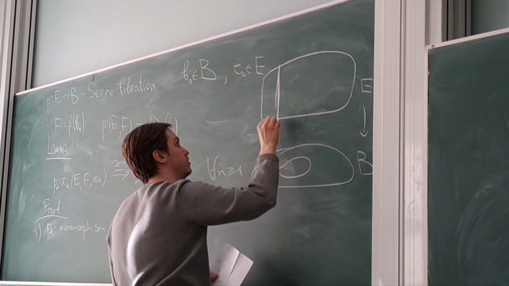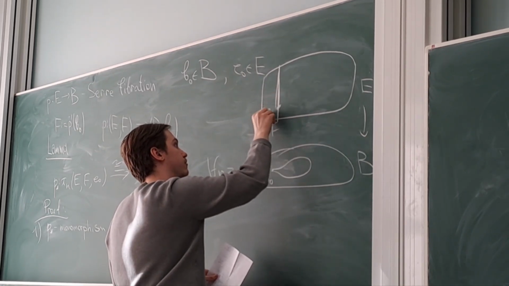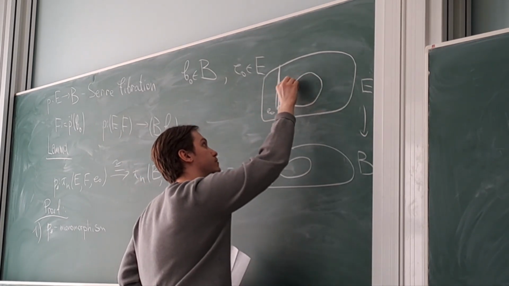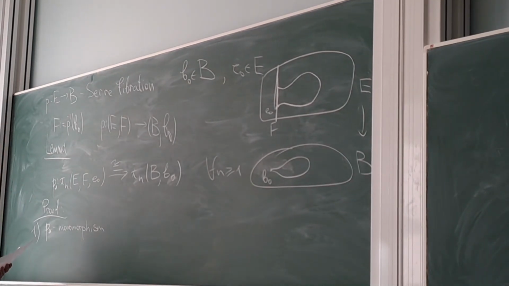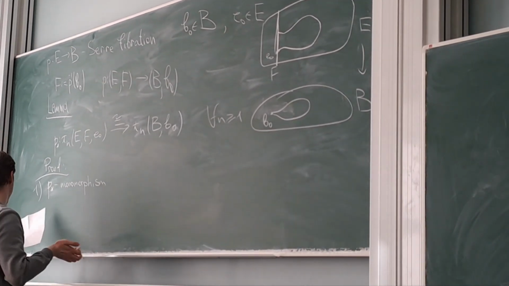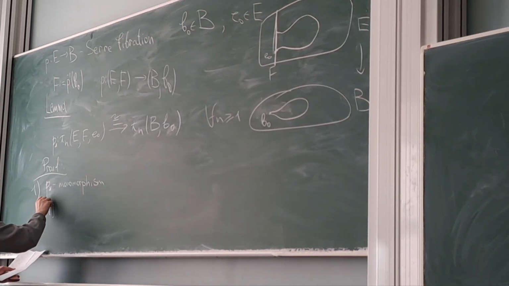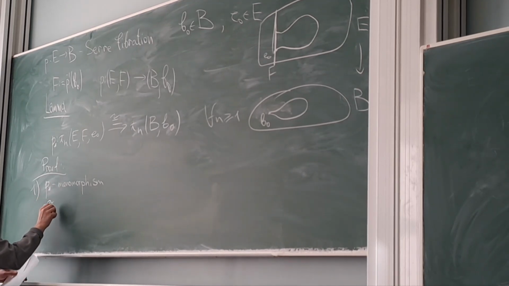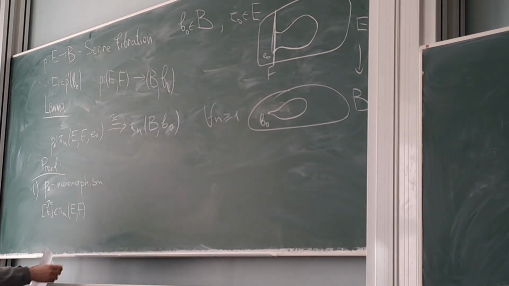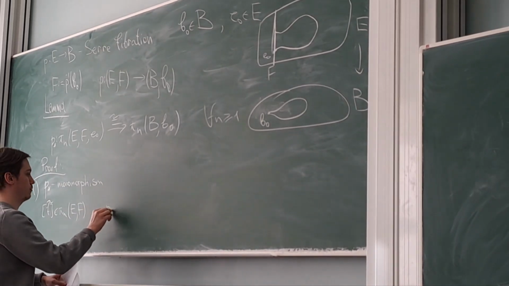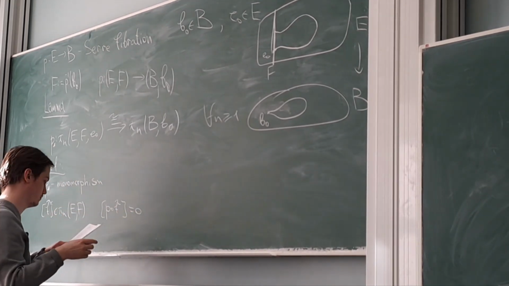And here you have a fiber, which is called F. So and if you start, you go like that. So let F tilde be some class in this relative pi n such that the composition is equal to 0 in pi n of B.